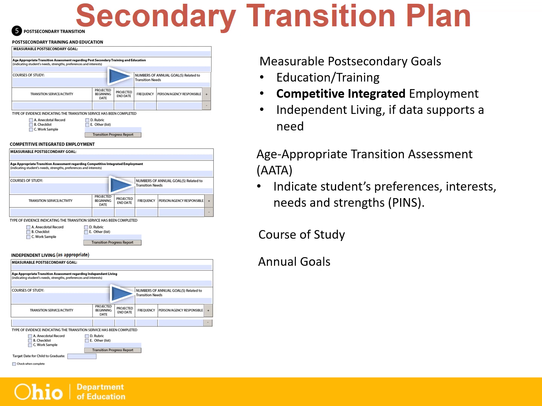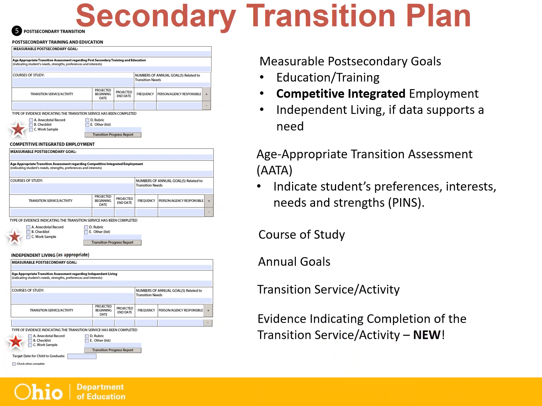At minimum, the IEP must include at least one transition service that addresses each post-secondary goal. A new element on the form is the type of evidence that will be used to indicate the transition services has been completed. The anticipated target date on which the student will graduate is entered at the end of Section 5. The student's graduation date is based upon the specific needs of the student, not necessarily the date based on an age of the student.